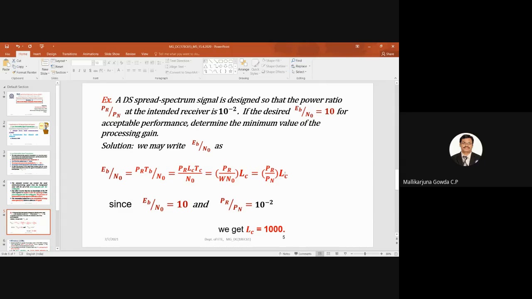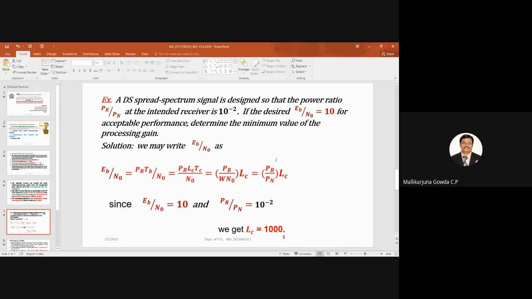So this is the beauty of mathematical relations in this spread spectrum communication system. As I said, it is basically developed for military communication. So how these equations come and how they relate is very important.